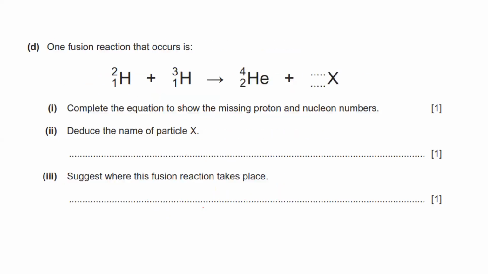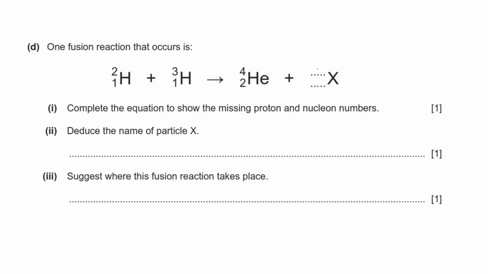Moving ahead, part D says one fusion reaction that occurs is 2,1H plus 3,1H gives 4,2He plus X. So basically two isotopes of hydrogen add together to form helium, and then there is another particle. Complete the equation. So 2 plus 3 is 5.